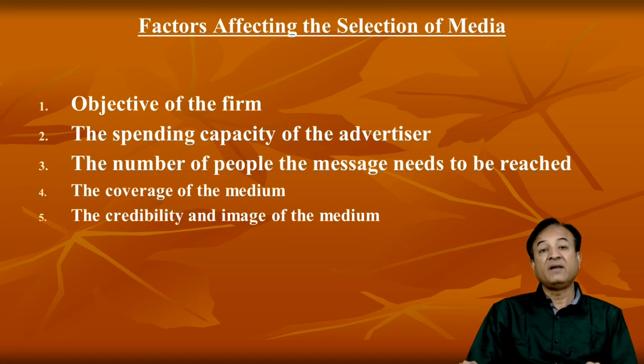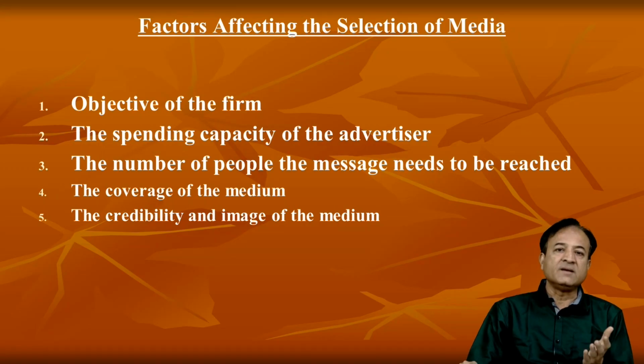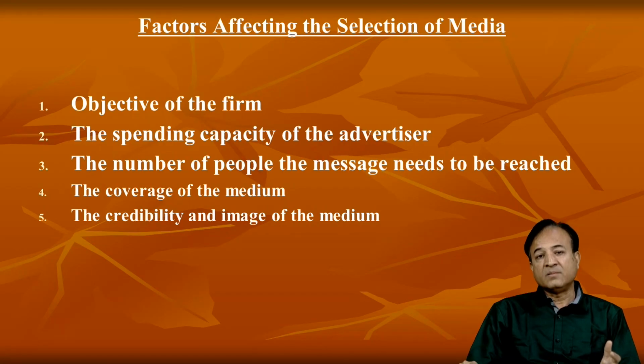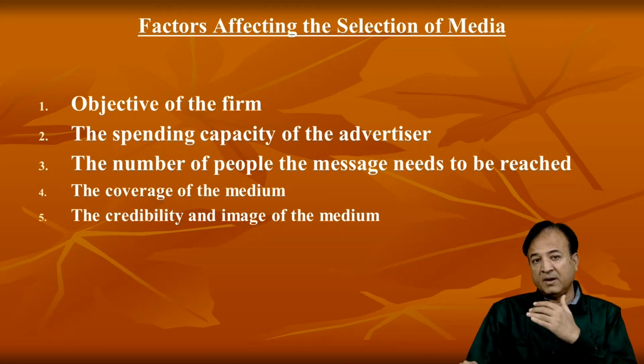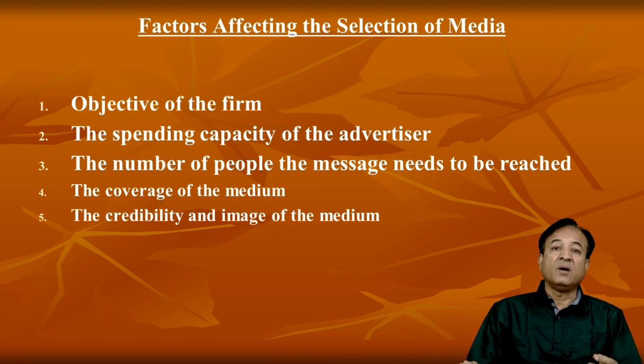Second, the spending capacity of the advertiser. As we know, advertising through mass media is an expensive affair, and if an advertiser tries to advertise through every medium available, he might land up making losses.